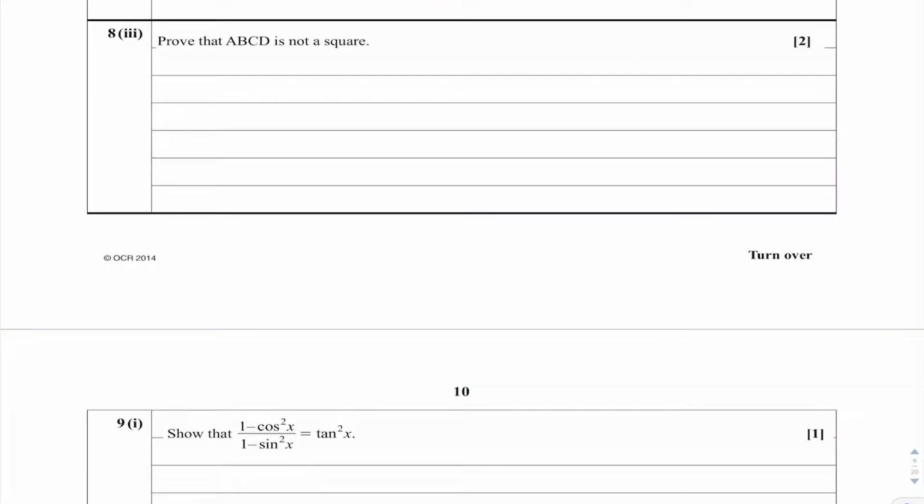Question 8, part 3. Prove that ABCD is not a square.